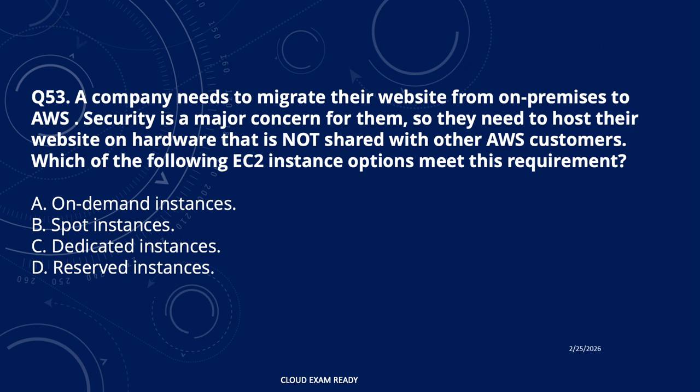Option A, on-demand instances. Option B, spot instances. Option C, dedicated instances. And option D, reserved instances. So here the company is concerned about the security and they do not want to share hardware with the other customers. So in this case, the correct answer is option C, dedicated instances.